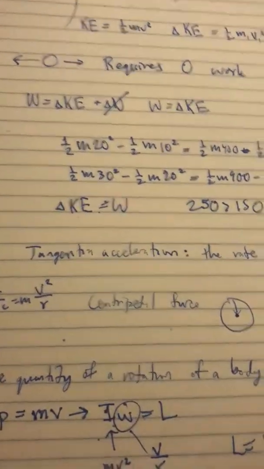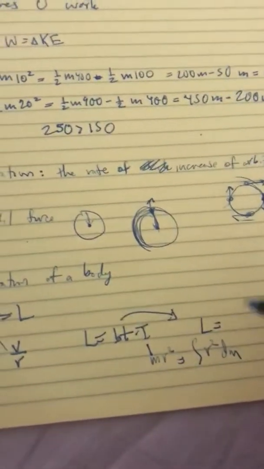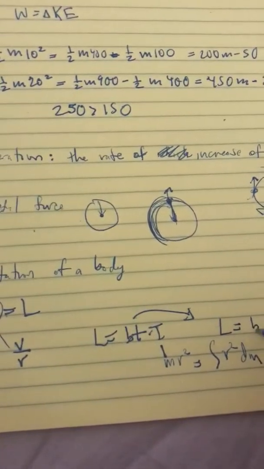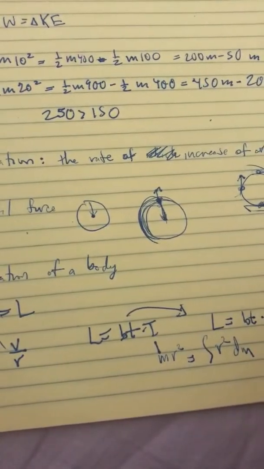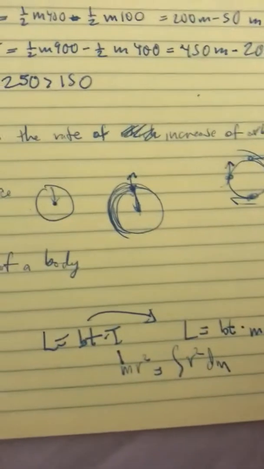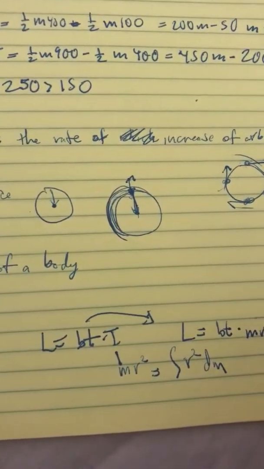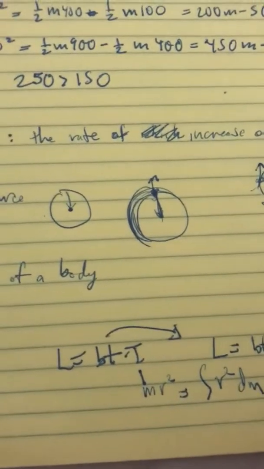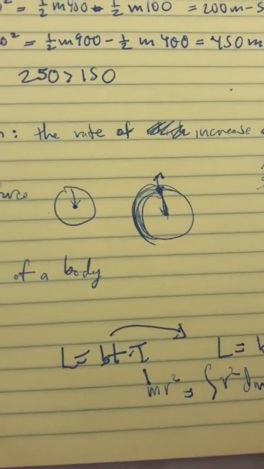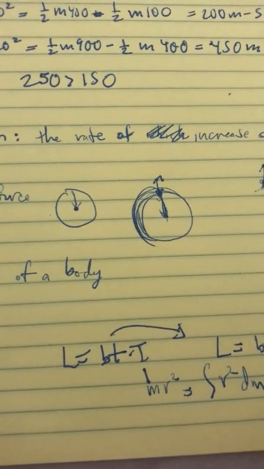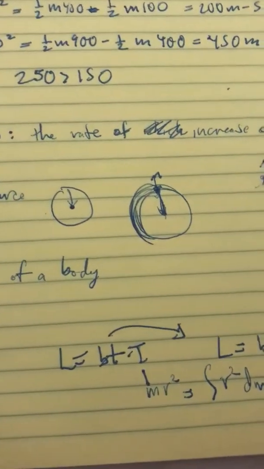So I equals mr squared. So we have L, angular momentum, equals bt times mr squared. That equals m times b times r squared times t. We'll put t at the end because it asks for it as a function of time.